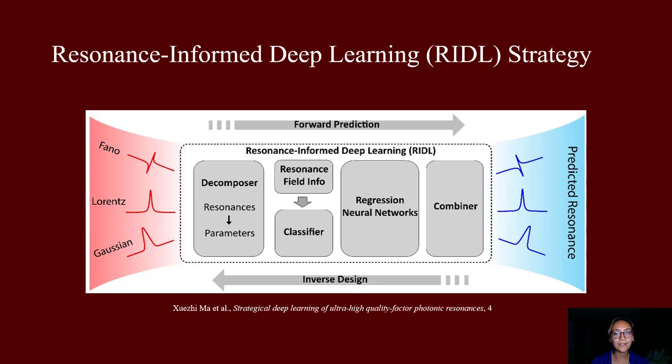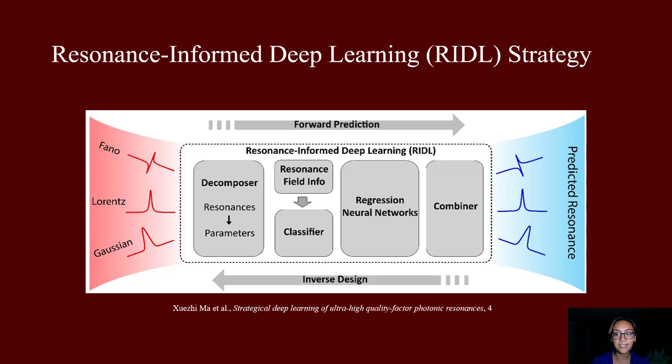To produce accurate ultra-high Q-factor resonance predictions and obtain the ability to perform inverse design, the resonance-informed deep learning strategy can be implemented. This diagram will help with the understanding of how the coding works, and we'll start on the left. With forward prediction, first we start with a physical resonance.